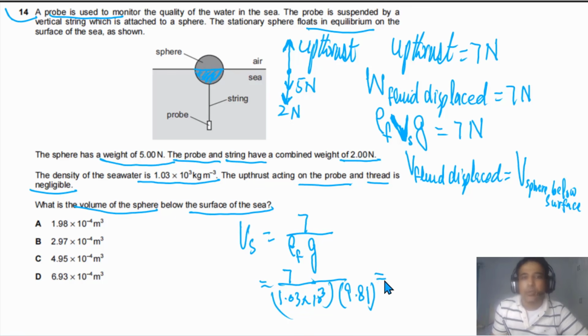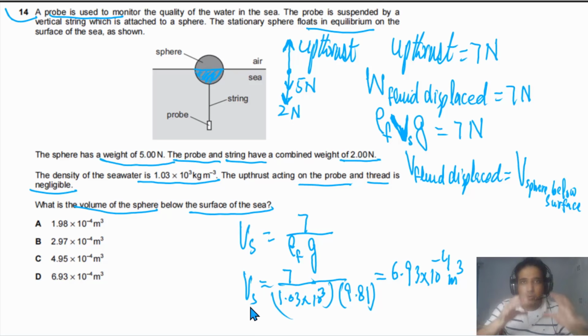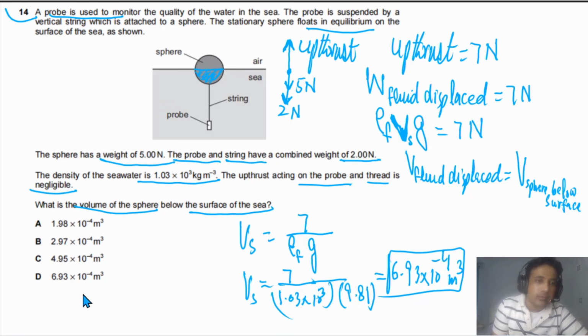Now if we solve this one, our answer should be equal to 6.93 times 10 to the minus 4 cubic meters. So this is the volume of the sphere below the surface of seawater. So this is how you can figure it out. So the answer for this question is D. So D is the right answer.